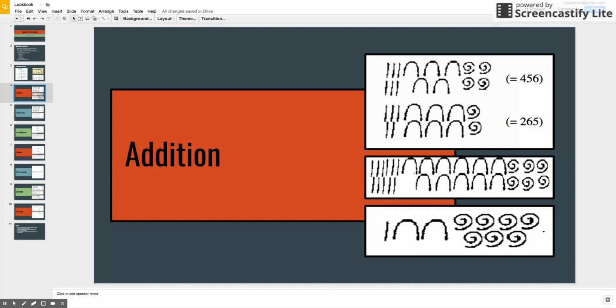In the example, the two numbers are hieroglyphically represented, and the numerals are then combined into one group. From there, the two staffs become one staff. Everything is combined into one line, and then because there are 10 staffs, it becomes a heel bone, and there's only one staff remaining.